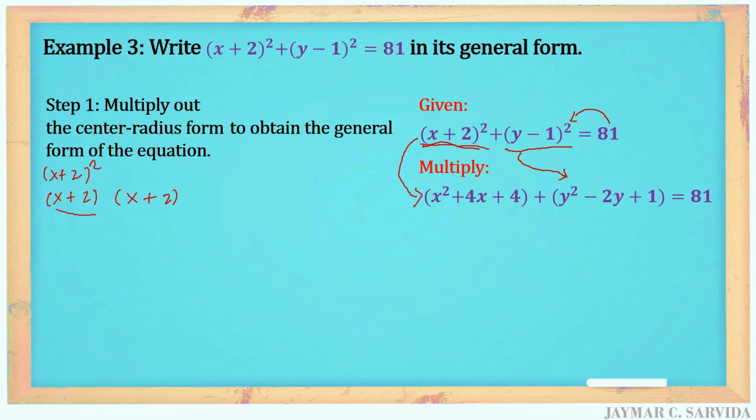So x times x ka lang dyan, yan ay x squared, then x times 2, that is 2x, and 2 times x is 2x, then 2 times 2 is positive 4. Okay? So simplify it further, and that will become x squared plus 4x, kasi 2x plus 2x is 4x plus 4. Okay, so yung quantity of x plus 2 squared will become quantity of x squared plus 4x plus 4.